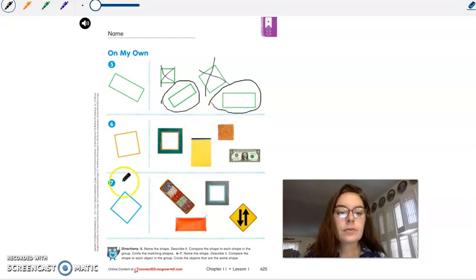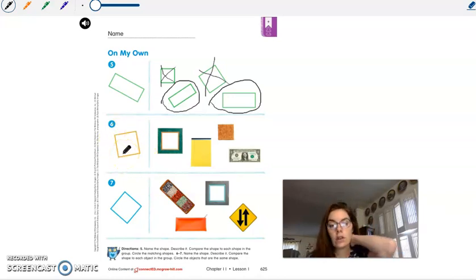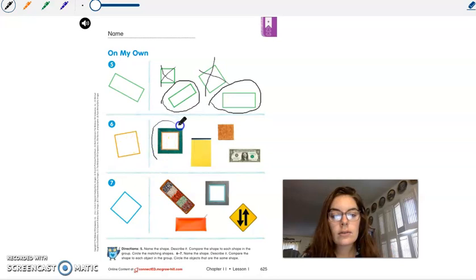Now, let's look at this one. This is a square. It has 4 sides, 1, 2, 3, 4, and 4 vertices. 1, 2, 3, 4. Let's circle all the ones that are squares. This looks like a square. What about this one?